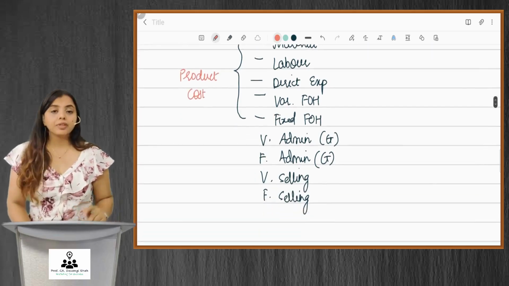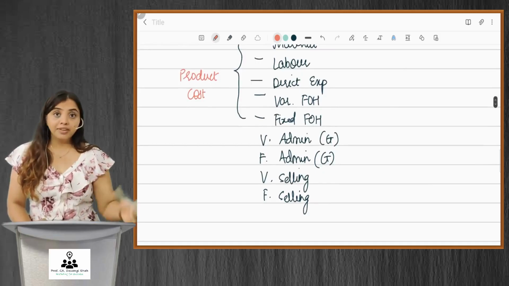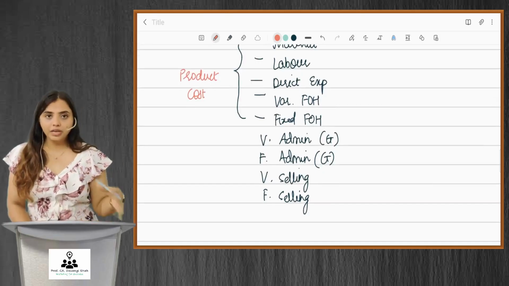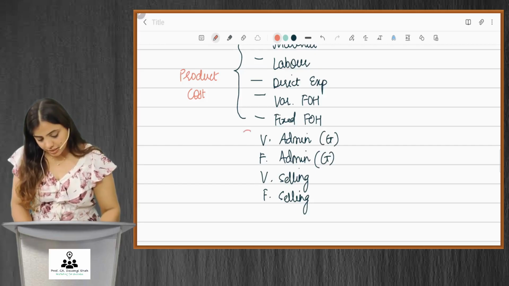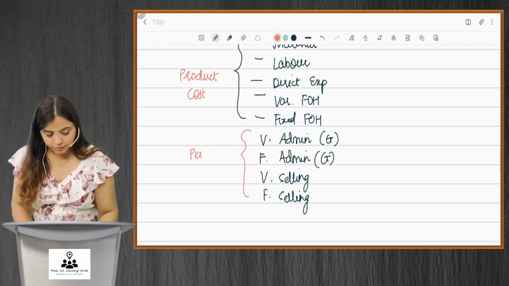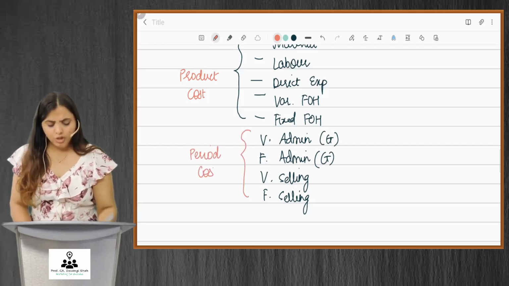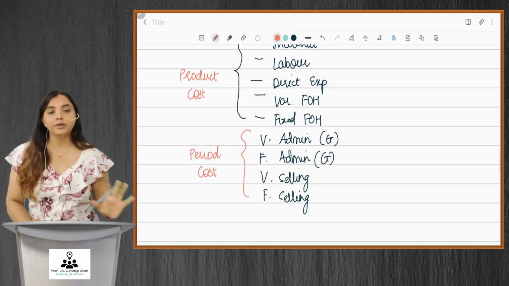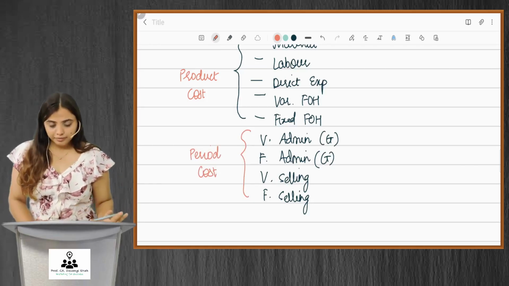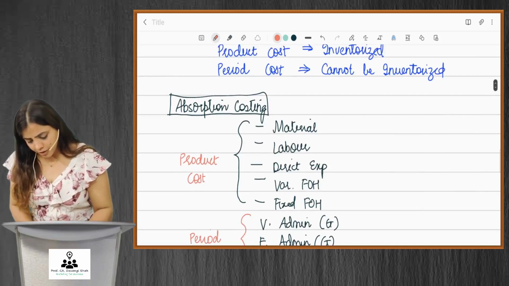And the rest, admin overheads, general, maybe variable or fixed, selling overheads, variable or fixed, whatever it is, these are period costs, and these are not included in the stock valuation. Got it?